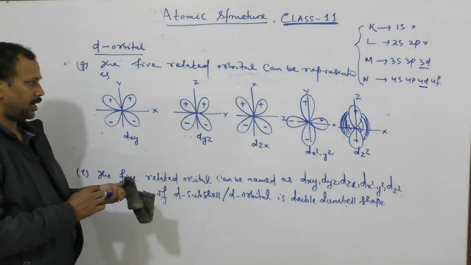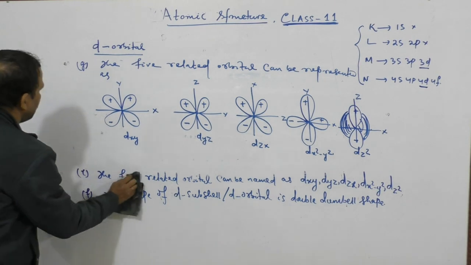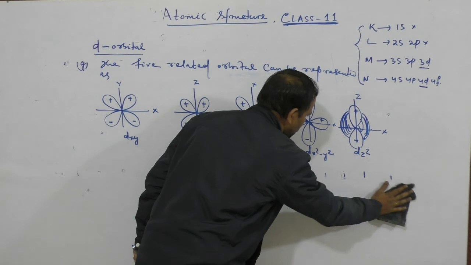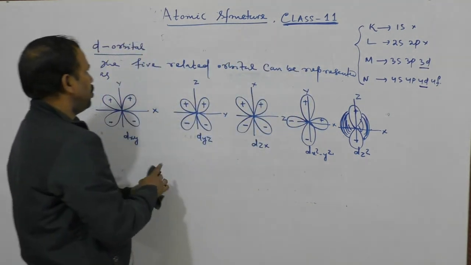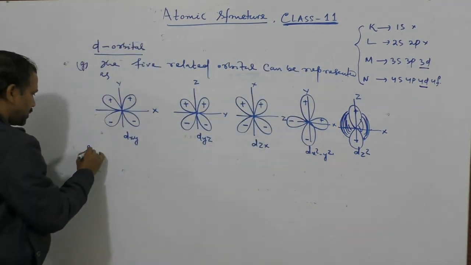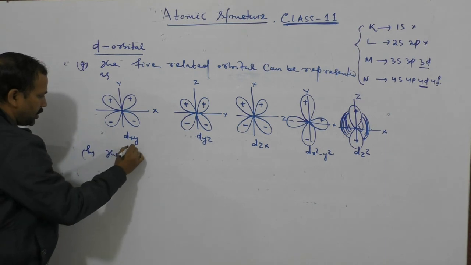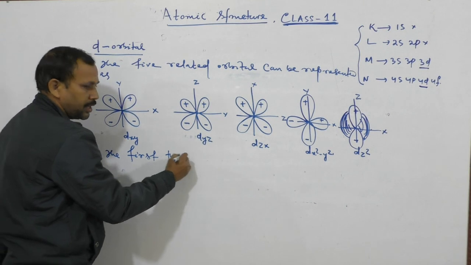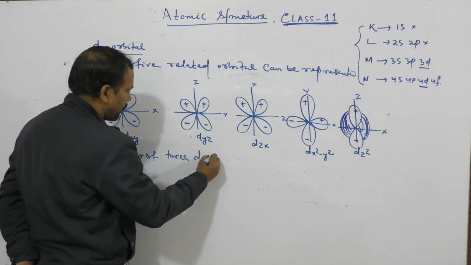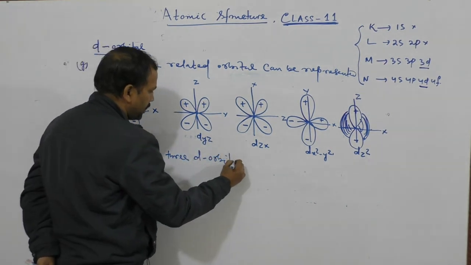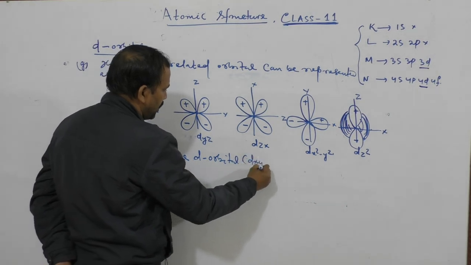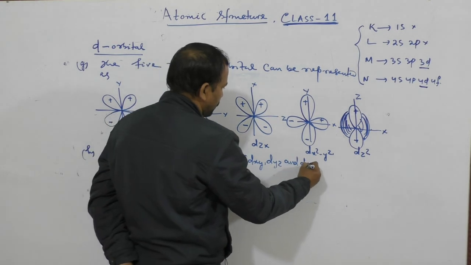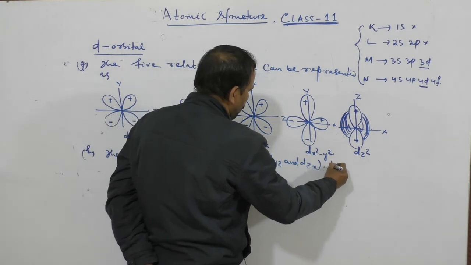Now the 5 d orbitals can be represented as follows. Out of those, the first 3 d orbitals, dxy, dyz and dzx, have lobes that lie in between the axes.